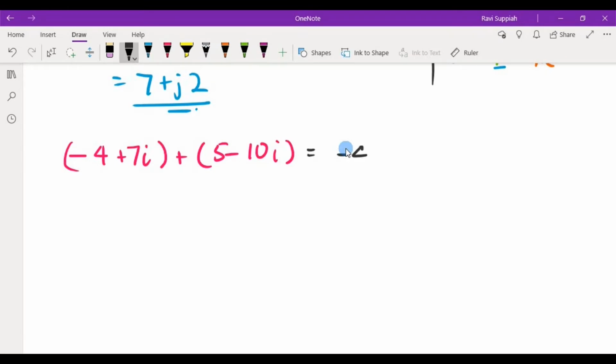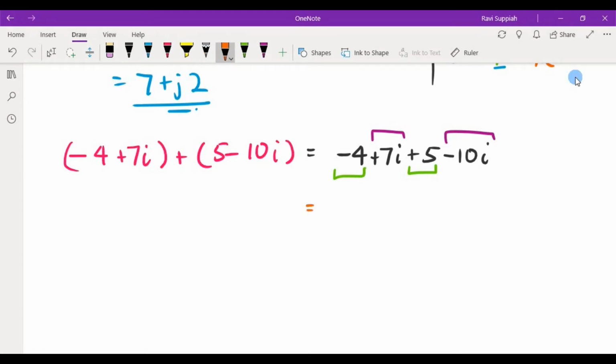So I'll have negative 4 plus 7i. For this bracket, since the sign outside is positive, nothing changes because positive times positive is still positive and positive times negative is negative. So the real parts are here and the imaginary parts are here.